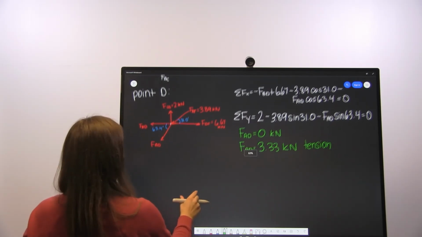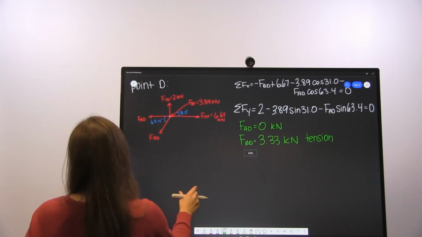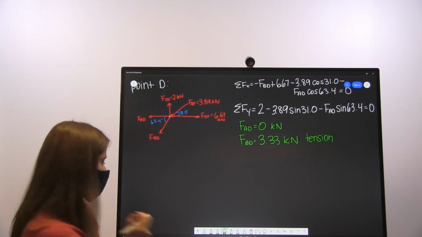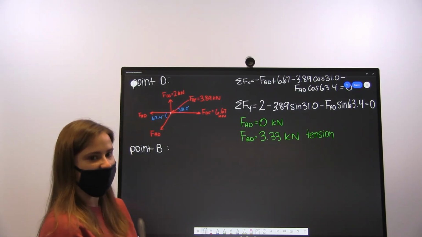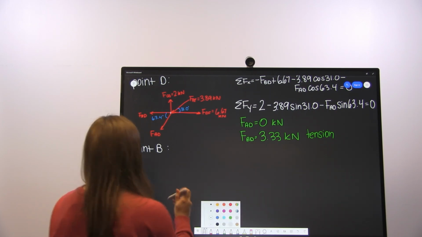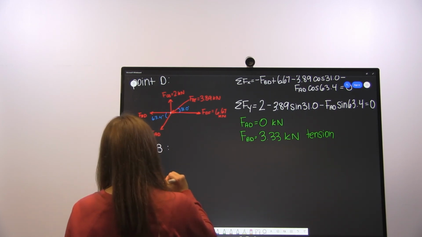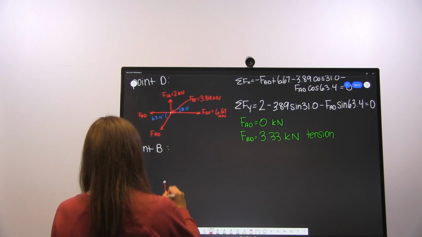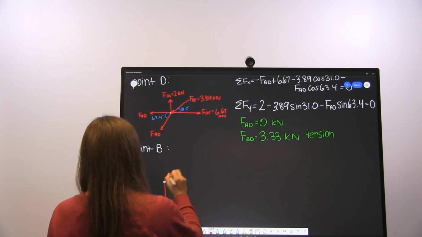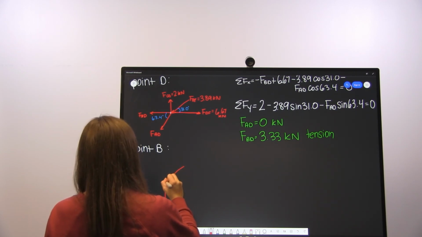So from here, we're going to move on to our last point, which is point B. So now we found our point D forces, we're going to do our point B. And once we find forces here, we're going to have all the things that we want. So we're going to have this downward force, force AB, remember AB. We're going to have this force here at an angle.